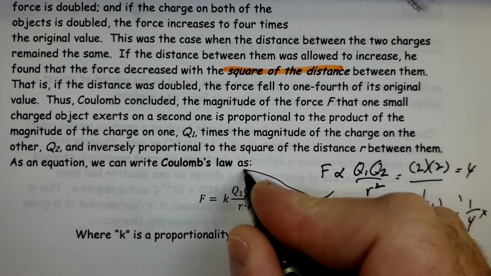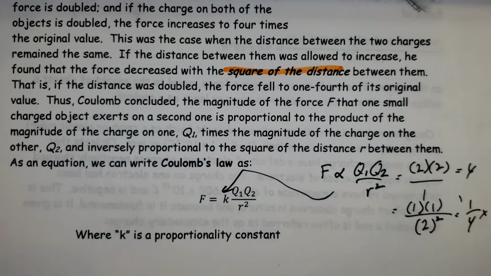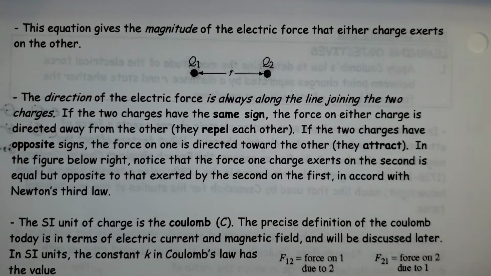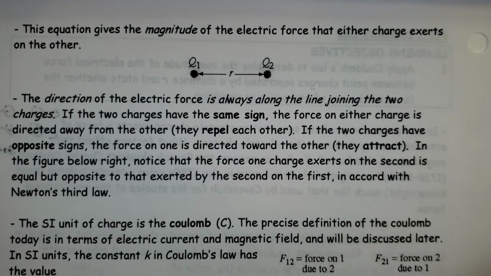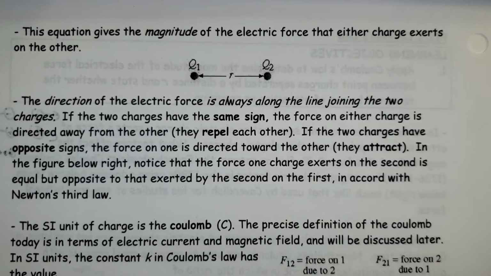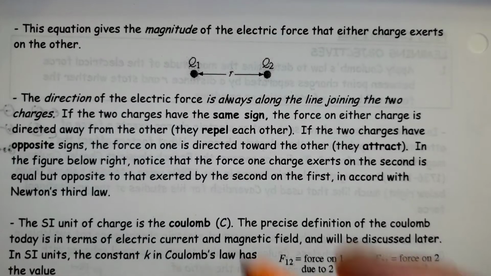Now in changing that into an equation, we introduce a proportionality constant, which is called Coulomb's constant. So this equation gives the magnitude of the electric force that exists between 2 charges, charge 1 and charge 2 separated by a distance. I can use that relationship on the previous page. The direction of the force is always along the line joining the 2 charges.